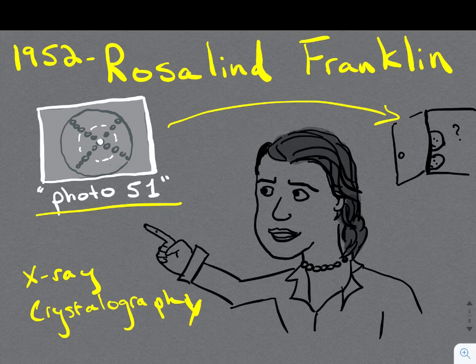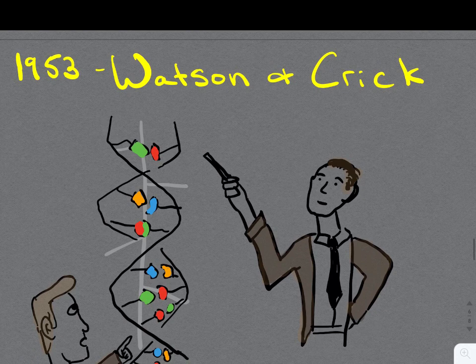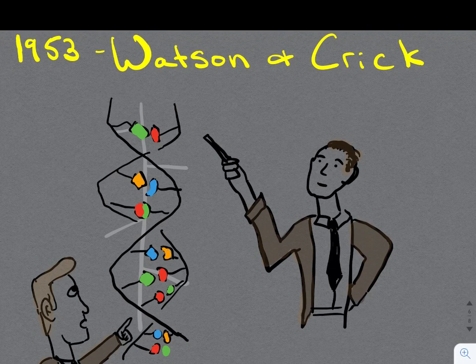And so she was never honored the way that she should have been, which is getting the Nobel Prize that Watson and Crick did get. So this is James Watson and Francis Crick. One is an American, one was a Brit. And they were the first ones to publish a relatively short paper that outlined this structure of DNA.